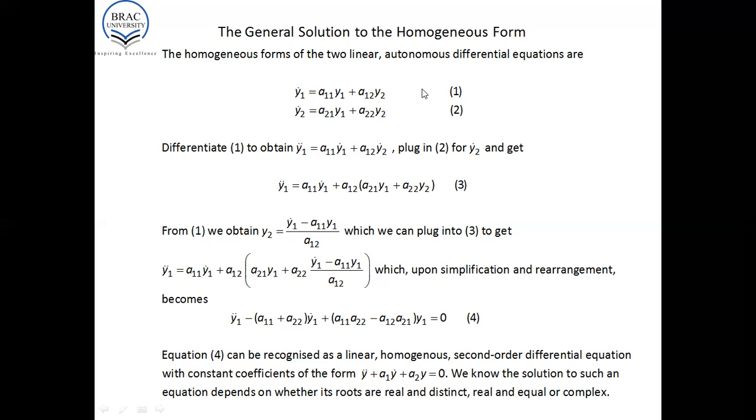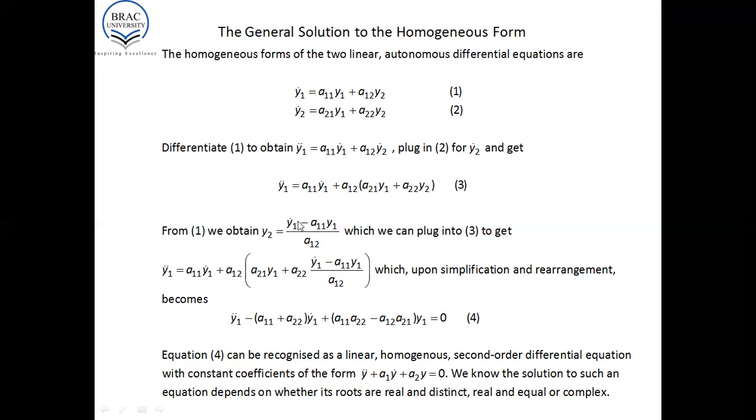Also from equation 1, we obtain an expression for y2, which is equal to y1 dot minus a11 y1, divided by a12, which we can plug into equation 3 and get y1 double dot is equal to a11 y1 dot plus a12 times a21 y1 plus a22 times y2.